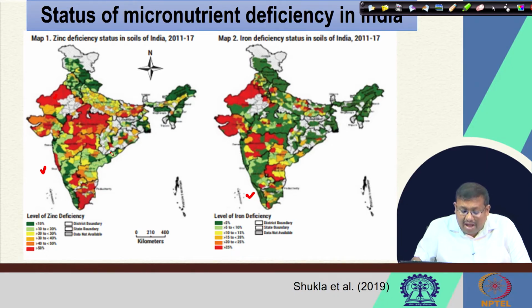However, in case of iron deficiency, you can see in Rajasthan and Gujarat more than 25% of iron deficiency, and also some patches in Maharashtra, Andhra Pradesh and Karnataka, we can see this nutrient deficiency of iron in soil.